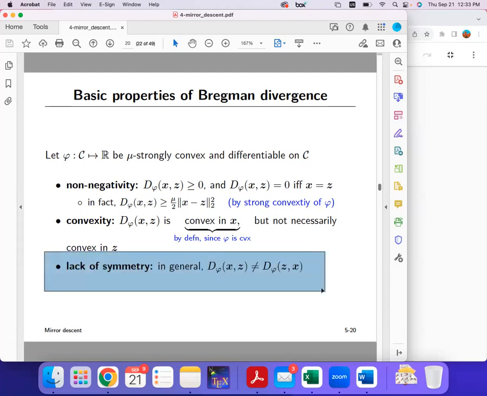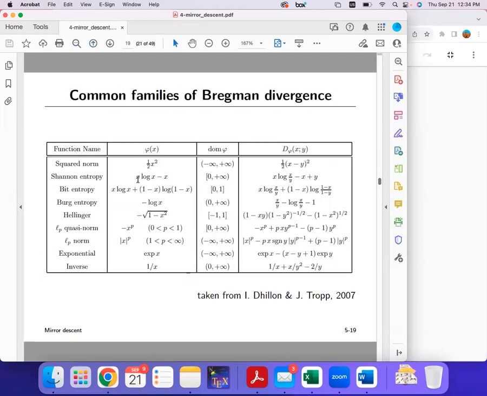There is a lack of symmetry: D_phi(x,z) in general may not equal D_phi(z,x). For example, in the second, Shannon entropy example, phi equals Shannon entropy, and then D_phi(x,y) is given as the KL divergence. This divergence is asymmetric.